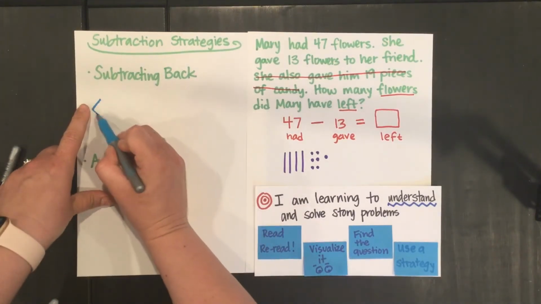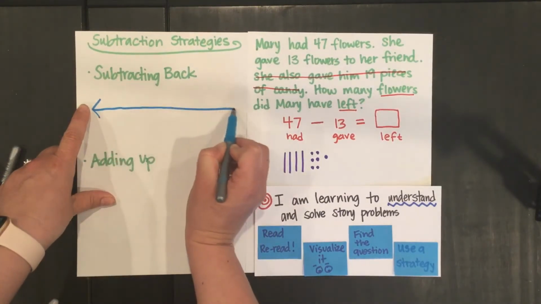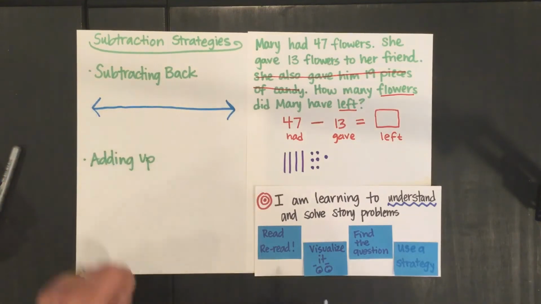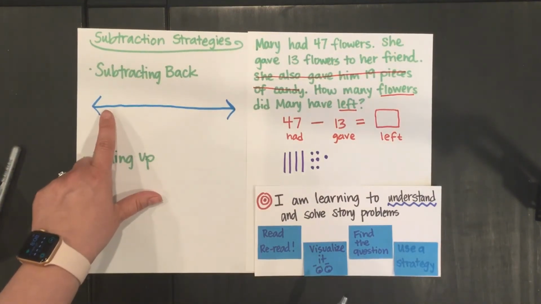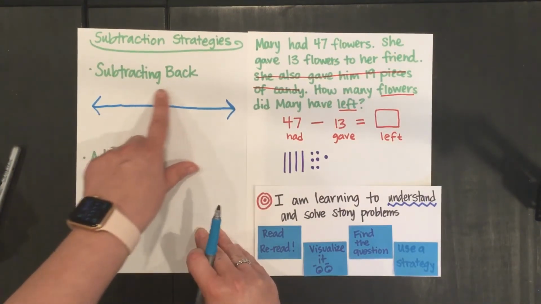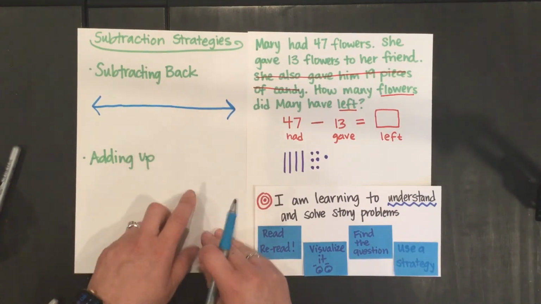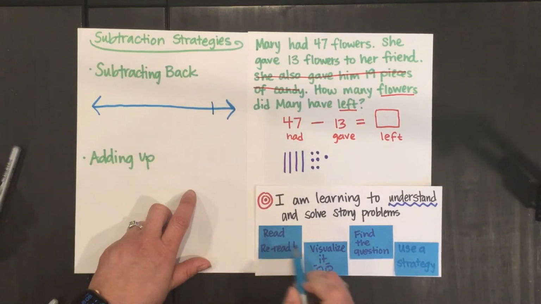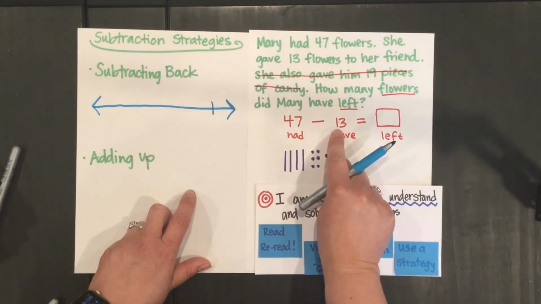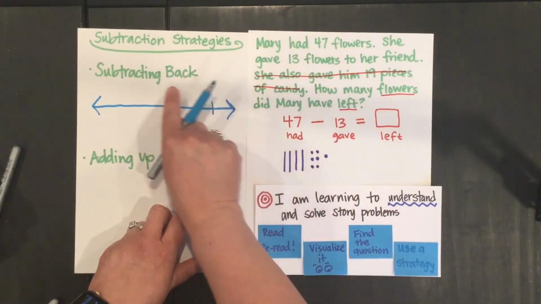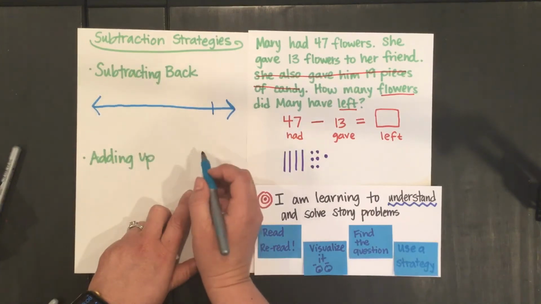I'm still going to use the tool of my open number line, but instead of starting on the left, where the number was small and getting larger, this time I'm going to start on the right with my large number, because I'm going to be taking some numbers away and going backward on the number line.